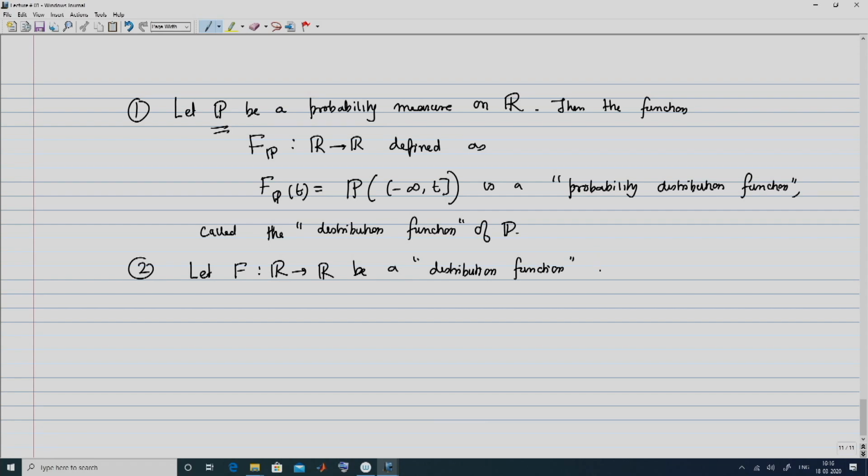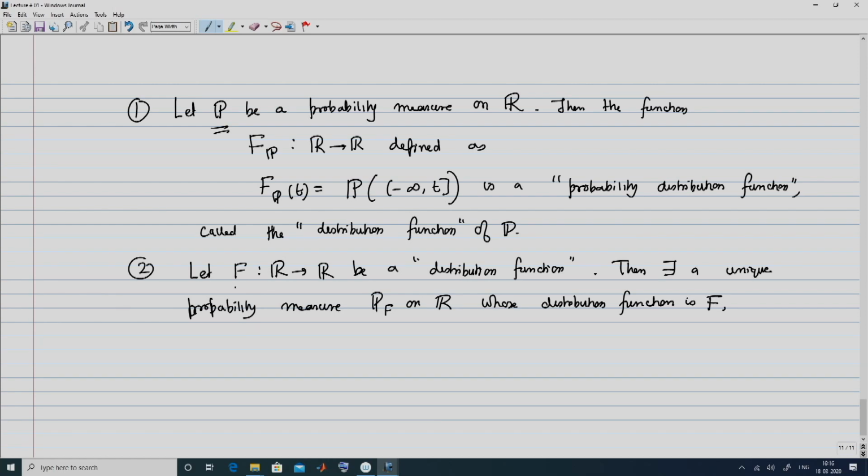So, let f be a distribution function, then there exists a unique probability measure P_f on R whose distribution function is f.